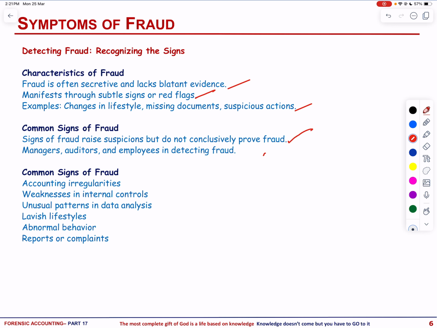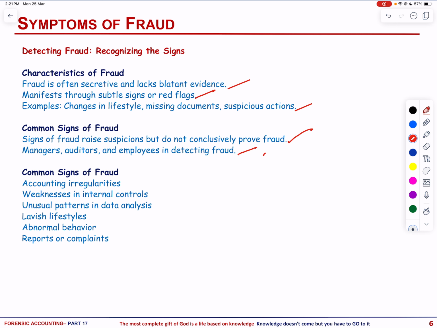For instance, lifestyle changes could be due to inheritance, and missing documents may be genuinely lost. So, detecting fraud requires individuals like managers, auditors, and employees to recognize these signs and thoroughly investigate their causes. Unfortunately, many fraud indicators are either ignored or not thoroughly pursued.